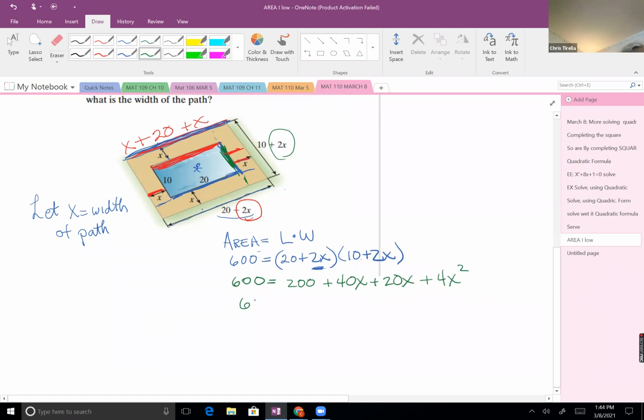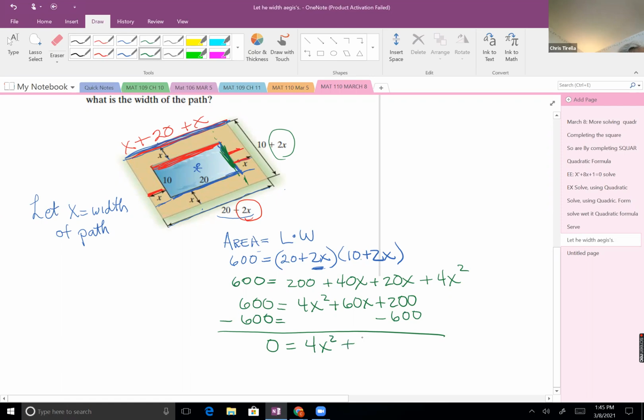In descending order, that gives me 600 equals 4X squared plus 60X plus 200. I'll subtract the 600 from both sides. Gives me 0 equals 4x squared plus 60x minus 400.